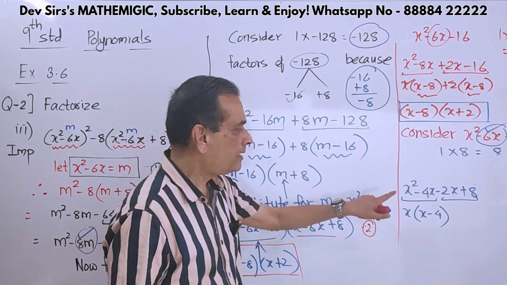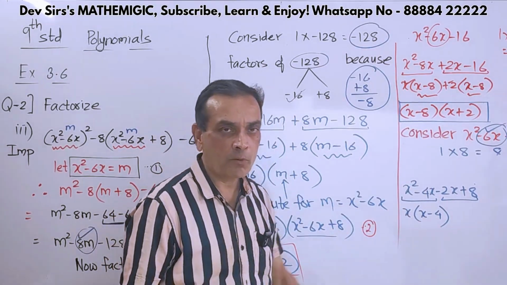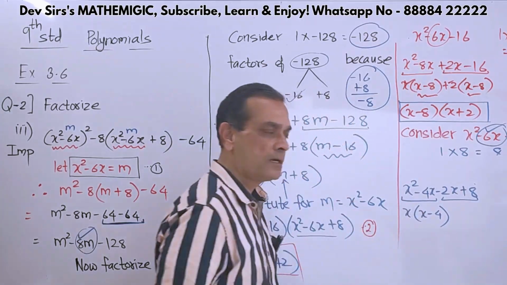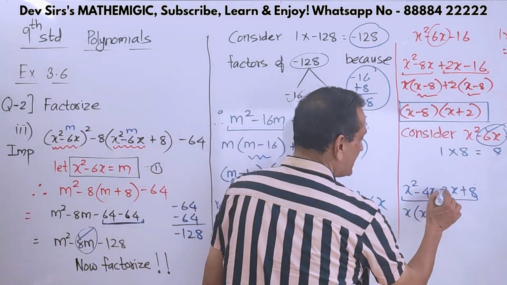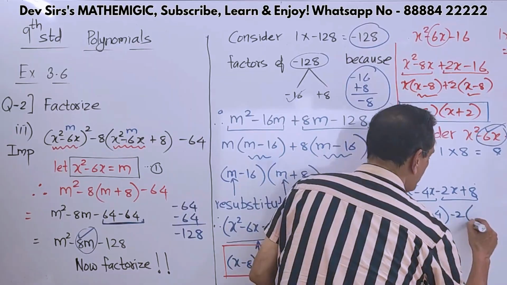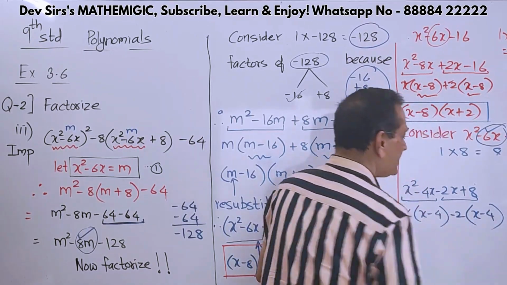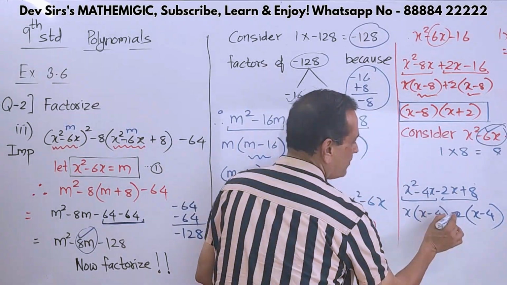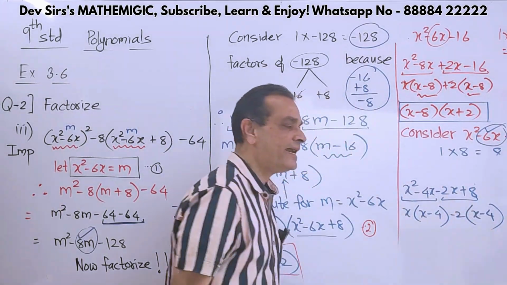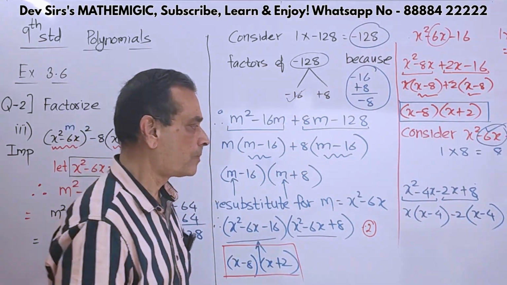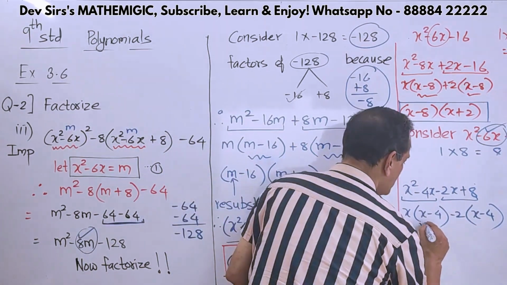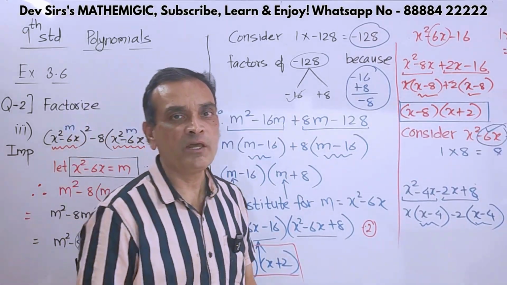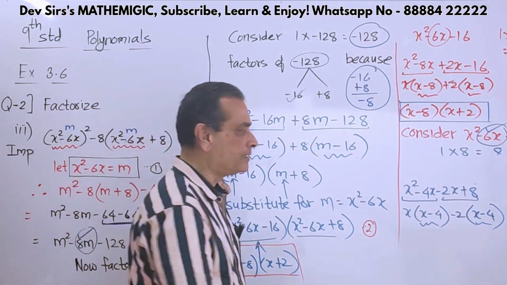X is common. X into bracket x minus 4. After taking common, just check. X into x, x squared minus 4x. Along with the sign, minus 2 is common. Repeat the bracket. But after repeating the bracket, cross check. Minus 2 into x is minus 2x, minus 2 into minus 4 is plus 8. Same old thing. This bracket is repeated, that should be written only once because I am going to take it common.